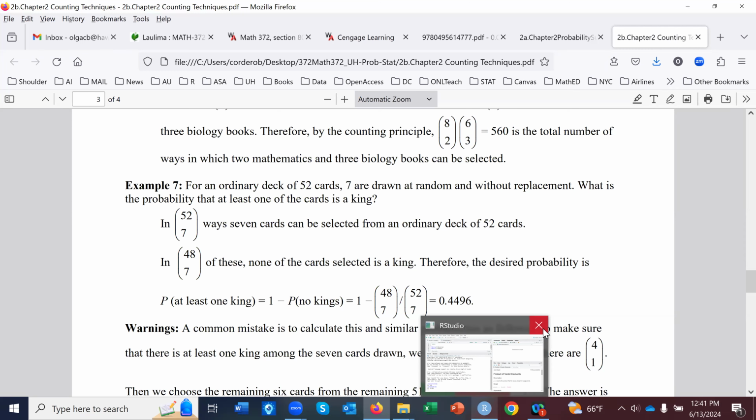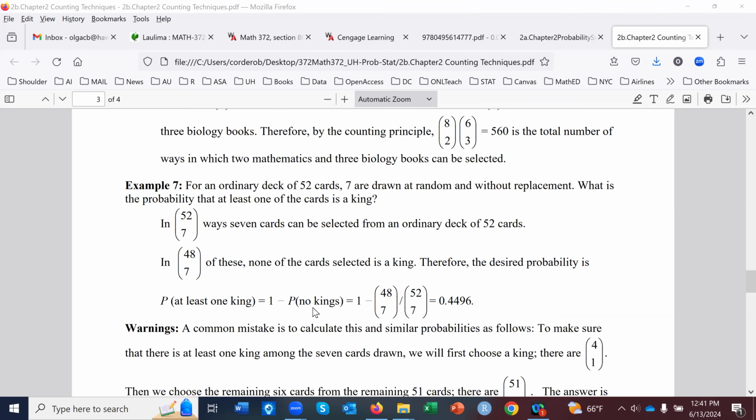The complement of at least one king is no kings, okay? And how do we choose no kings? There are 4 kings, so the remaining are 48 cards that are not kings. So from the 48, choose 7. That's why the probability of at least one king is 1 minus the probability of no kings. So it's going to be 1 minus 48 choose 7, choosing any other card, divided by how many ways we can choose 7.